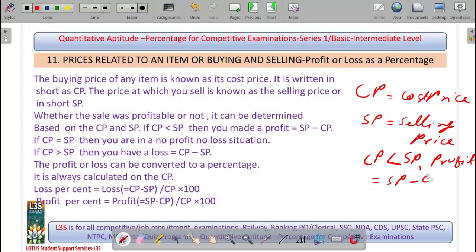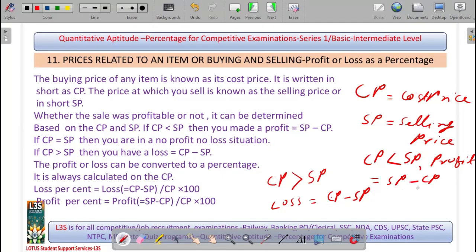SP minus CP, the price at which he sells and the price at which he bought the things from wholesale. If cost price becomes more than the sale price, then you will be in loss. And how much will be the loss? Loss will be CP minus SP.